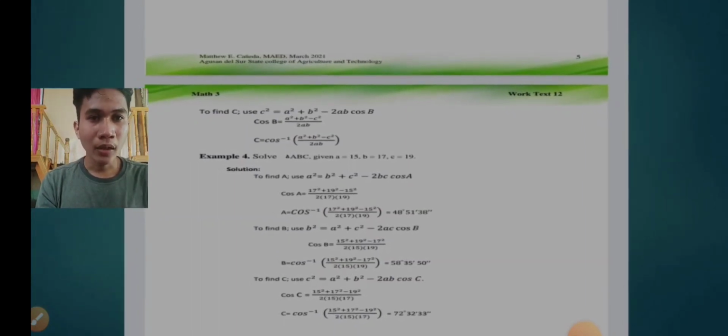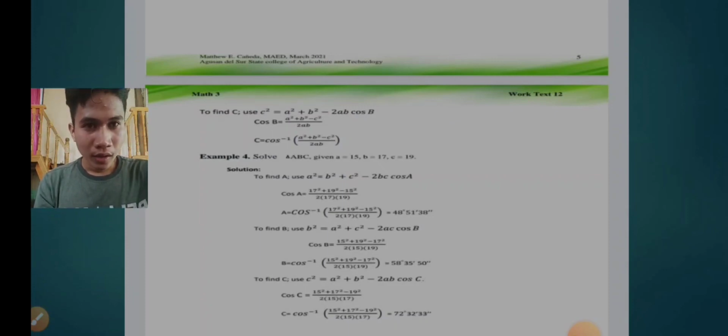So B is equal to cosine inverse of 15 squared plus 19 squared minus 17 squared over 2 times the quantity of 15 times 19. The result is 58 degrees 35 minutes and 50 seconds.